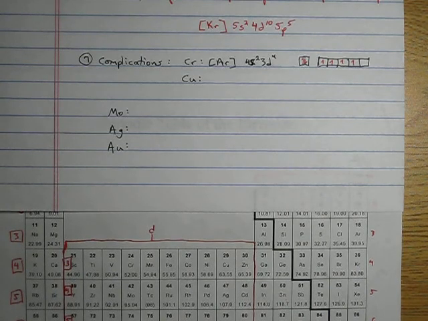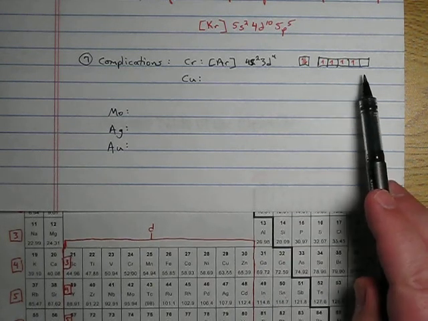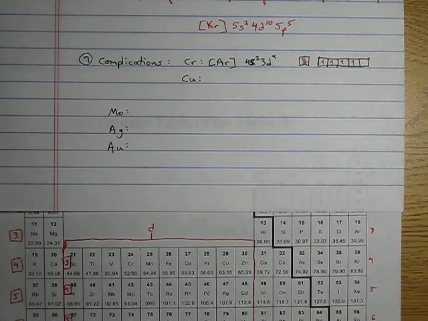And what we notice here is that we are awful darn close to having a half-filled subshell. And what have we found out? Well, yeah, that's right. We found out that half-filled subshells, they're stable. And so it turns out what chromium is going to do is it's not going to have this electron configuration.